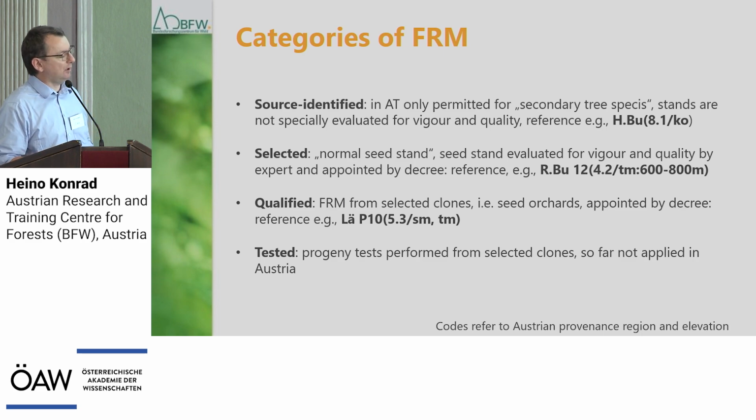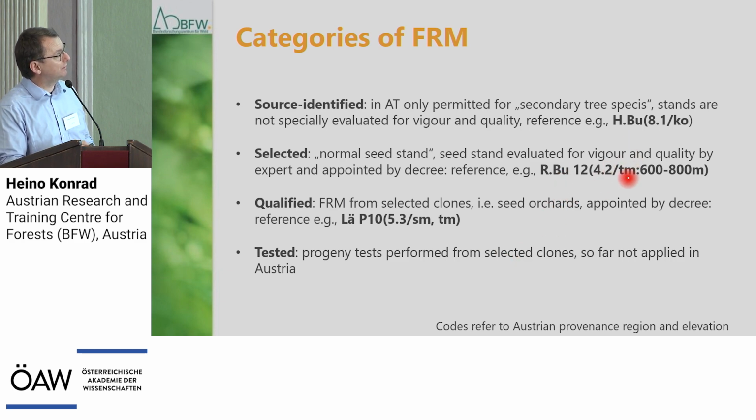So this is only allowed in Austria for the so-called secondary tree species, so species which don't have such a high commercial value. Then we have the category selected, which are kind of the normal seed stands. So these seed stands are evaluated for vigor and quality by a BFW expert and then are appointed by the CRE.